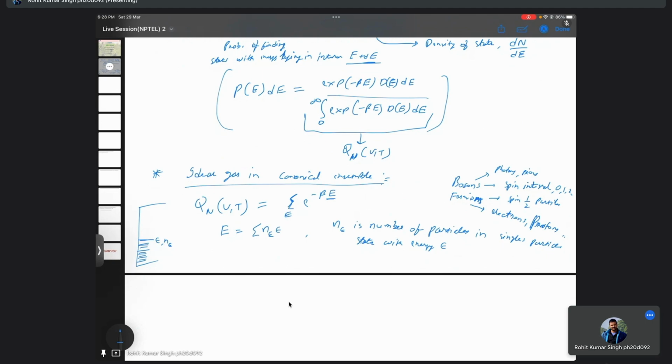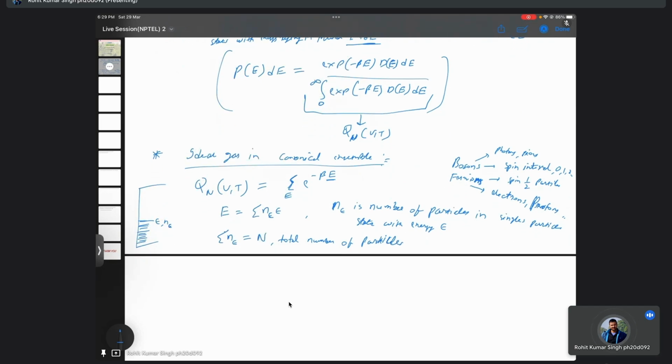Also, this number of single particle states, if we sum it, it should give us the total number of particles, right? This is also understandable, right?